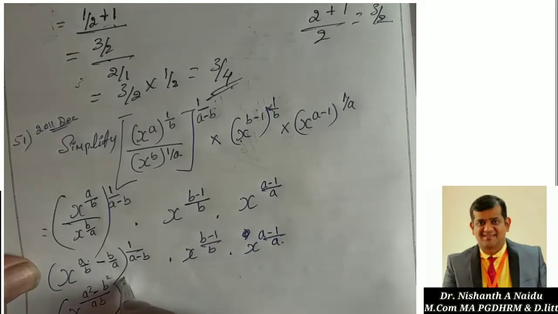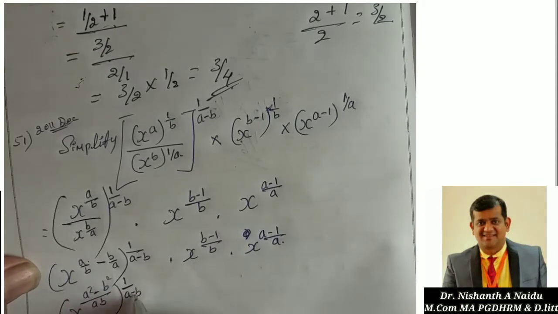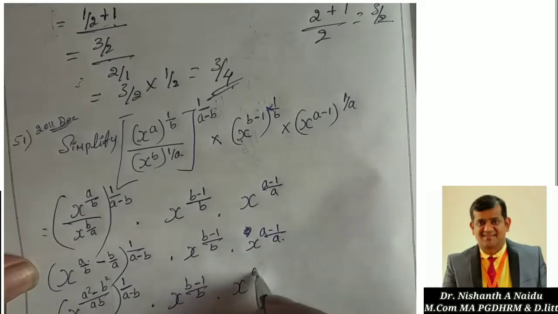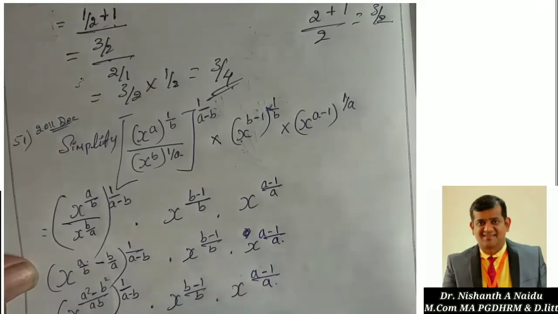So the whole power is 1 divided by a minus b, into x to the power of (b minus 1) divided by b into x to the power of (a minus 1) divided by a.